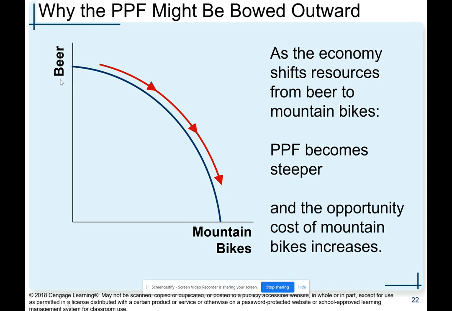And in this example, we are producing beer and mountain bikes. And as the economy shifts resources from the production of beer to mountain bikes, the PPF becomes steeper. And when the PPF becomes steeper, the opportunity cost of mountain bikes increases.